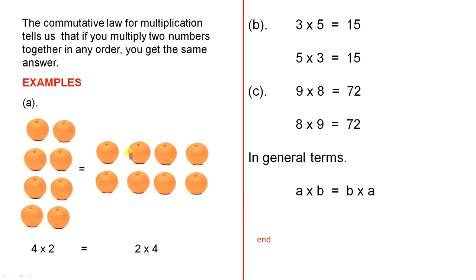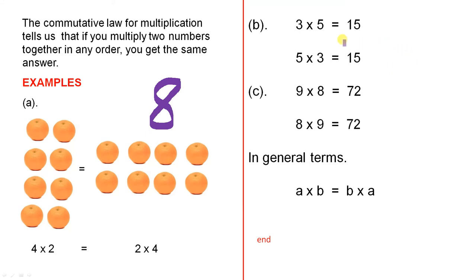You can also have a column of 2 and another one and another one and another one. So you can have 4 columns of 2. So whether you have 2 columns of 4 or 4 columns of 2, you still get the same answer. So if you were to add those oranges, you would get 8.